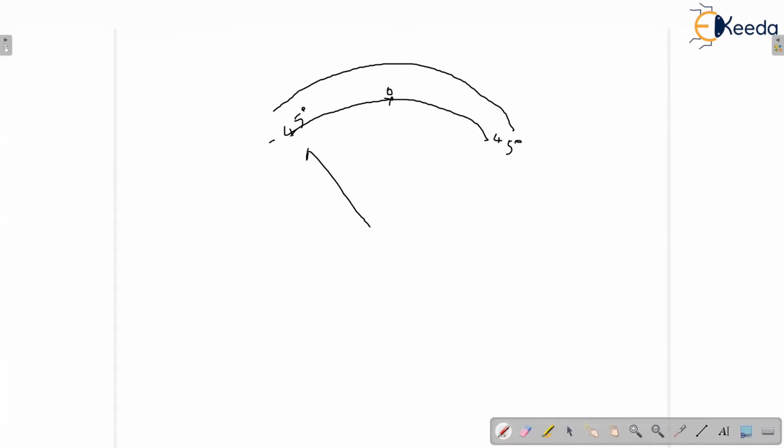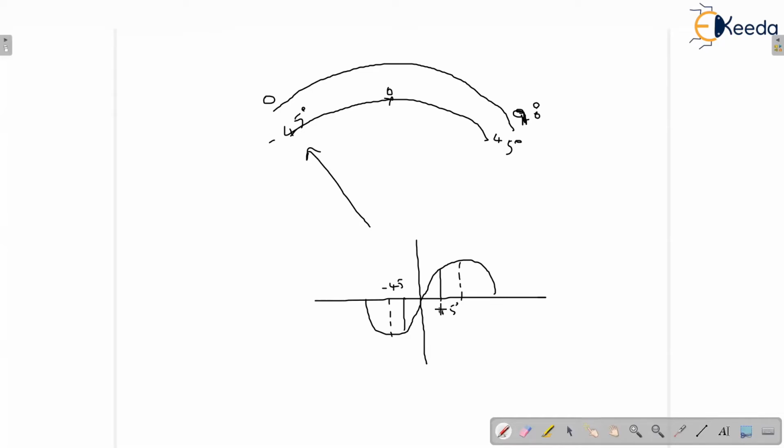This is the pointer. So minus 45 to 45, it can rotate as 0 to 90 degrees. The pointer is able to rotate through 90 degrees. What is the meaning of it? I want some linear portion. This is of 90, this is 45, and this is minus 45, this is plus 45.